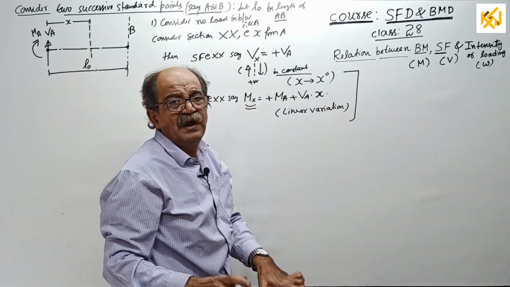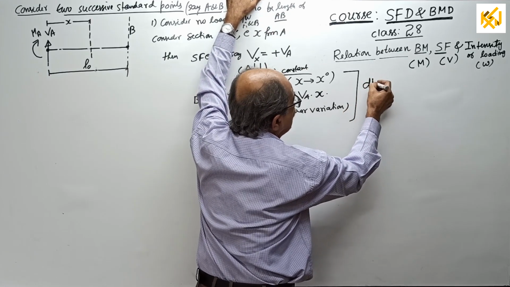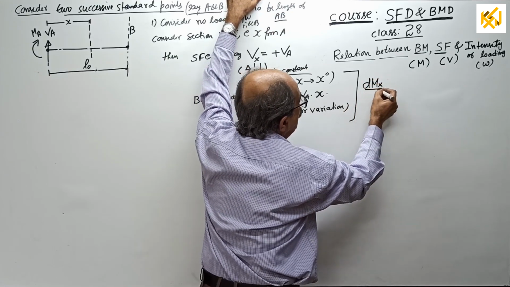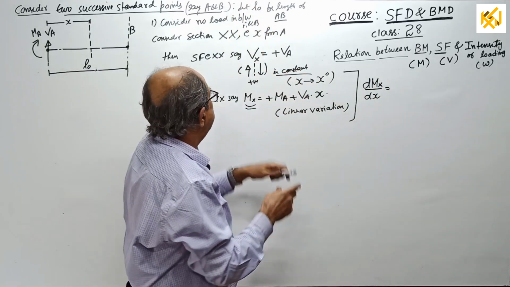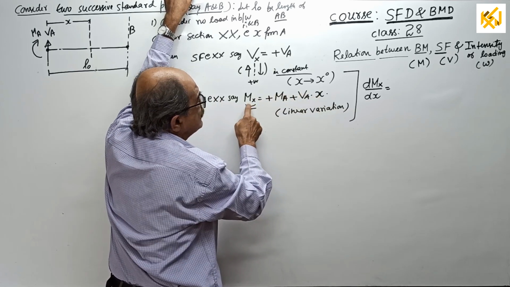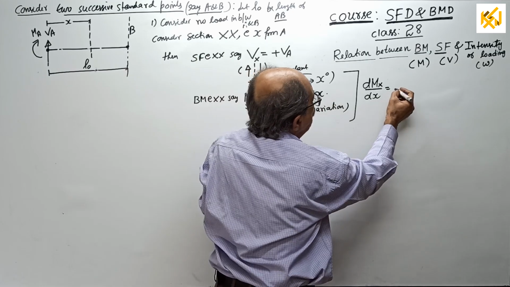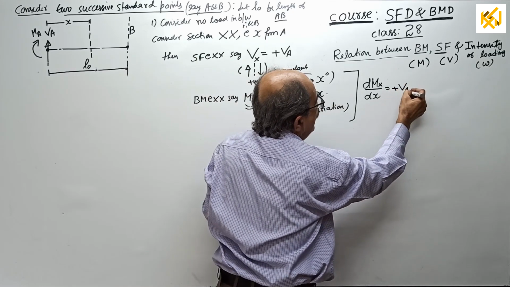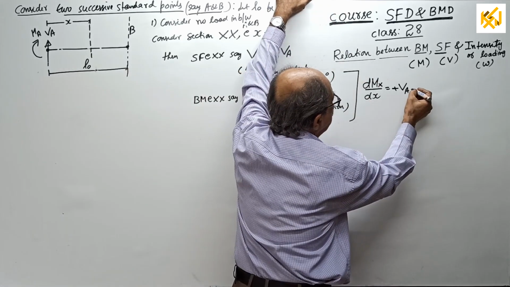just for some purpose, you differentiate the expression for Mx with respect to x. See what happens. When you differentiate Mx with respect to x, Ma becomes 0. Va into x will become plus Va.